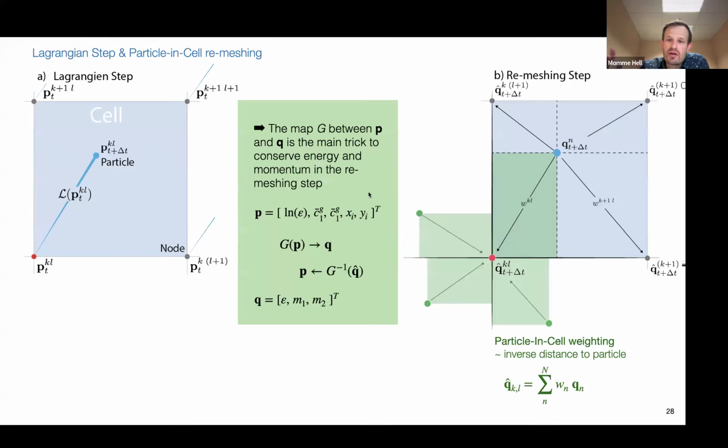Let me clarify this mapping problem. The core idea is that the state exists in two systems: either in the Lagrangian one where I have equations, which is P, or we can rewrite these 3 variables as Q, which is energy and momentum. These quantities we can add: you can add energy and momentum without any harm, but you cannot add group velocity vectors because that doesn't make sense.